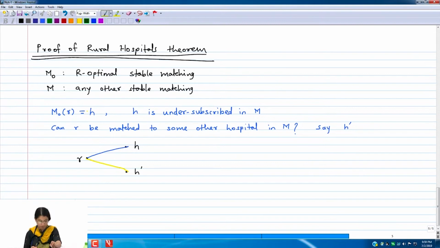Now, see, the point is we have to use the R optimality of M naught. Because M naught is R optimal, it gives the best stable partner to every resident. So in particular, H must be R's best stable partner.